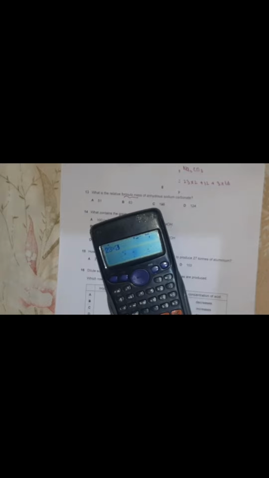It gives us 106 gram per mole. This is the formula mass. So C is the correct answer here.